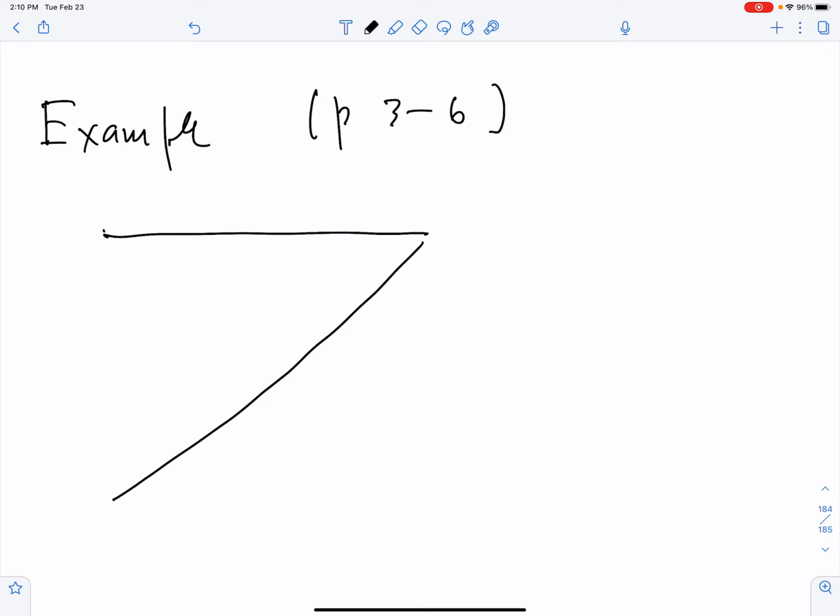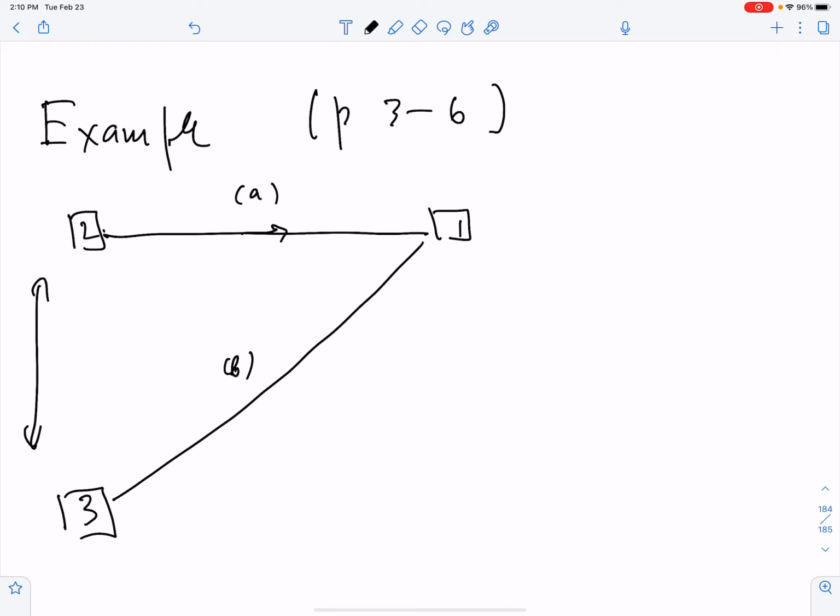This is node 2, node 1, node 3. This is my direction. This was our element A, remember? This was our element B. The dimensions were 6 and 8, and 8. And the element orientations were like this.